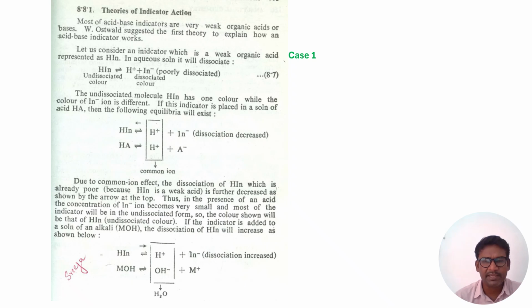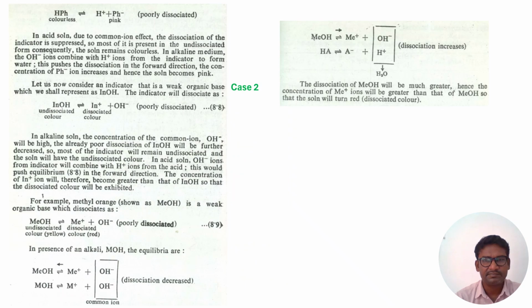This MOH gives OH- plus M+ ion. Here the indicator dissociates to give H+ ion and the alkali, which is the base, gives hydroxyl ion. So these two will join together and give water molecules. Because of this, we will get more dissociated indicator ion, which will show a predominant color.